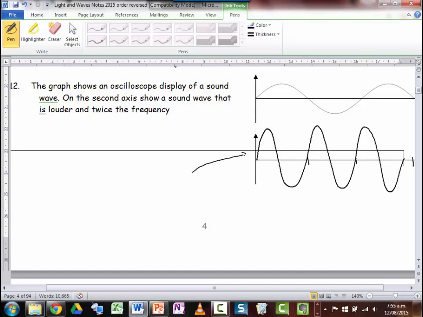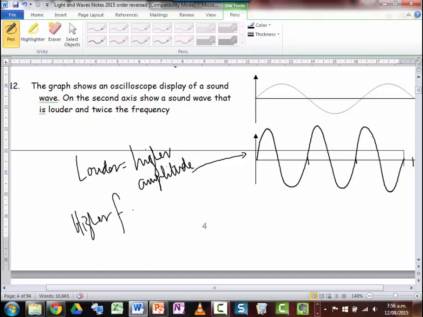So the key points are louder equals higher amplitude, which is the distance from that middle line to the top, and higher f is equal to more waves per second.